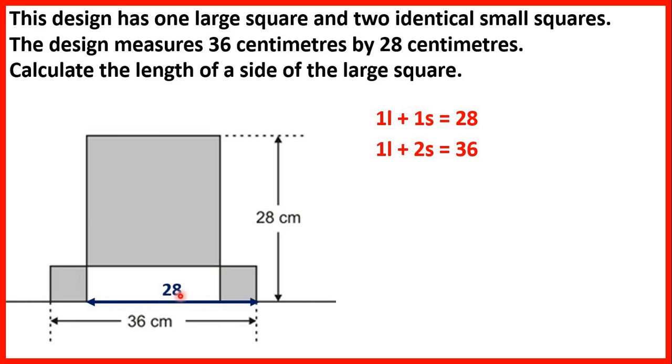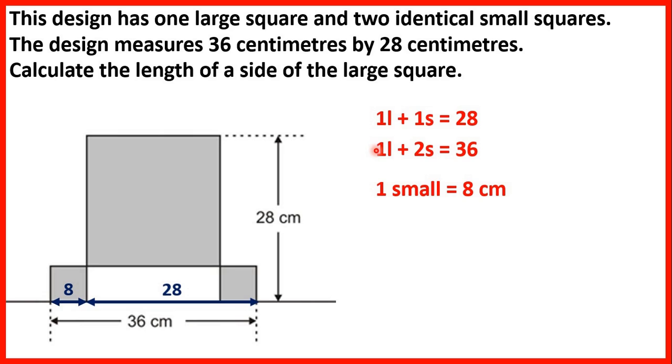So we have 28 plus an extra small square is 36. Now 28 plus 8 is 36, so the length of one small square must be 8 centimeters.